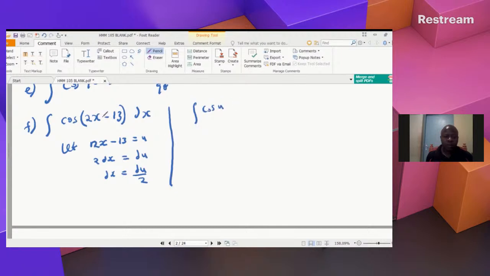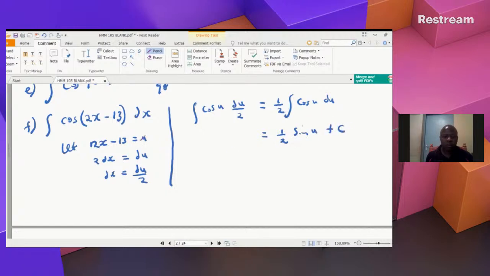The whole of this, we call it u. But what about dx? We are calling it du out of 2. Then take the constants outside. That's a half the integral of cos of u du. And what do you get? It is a half sine of u plus constant of integration.